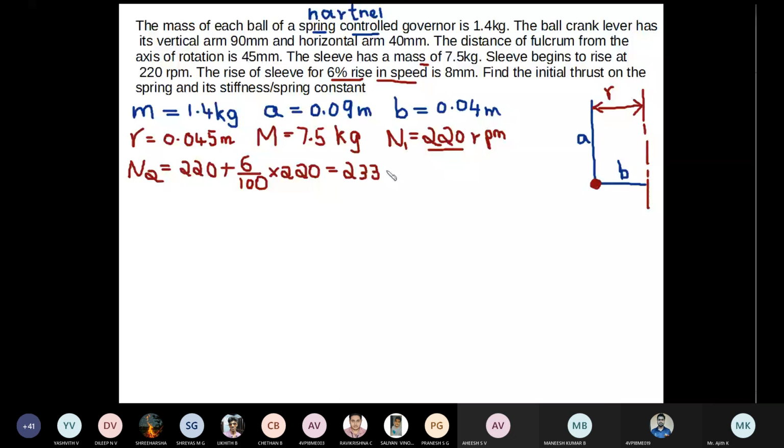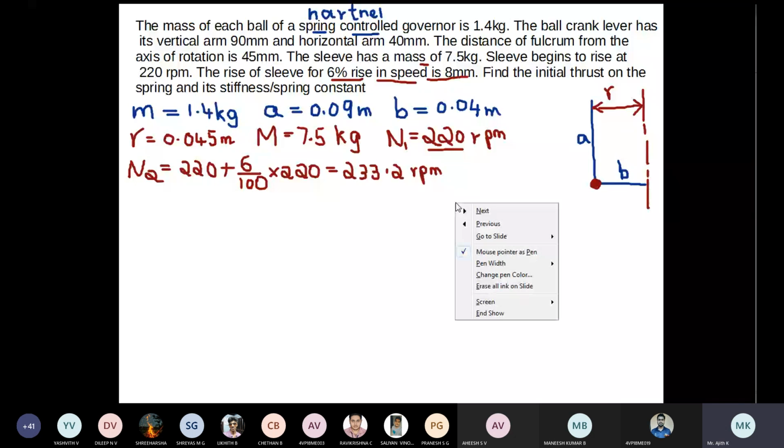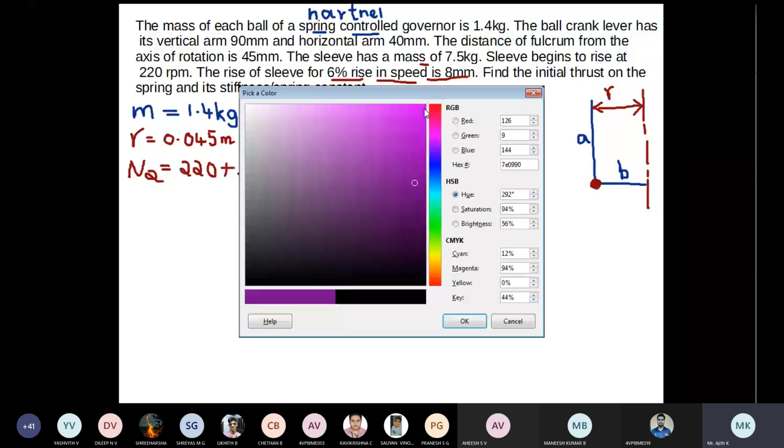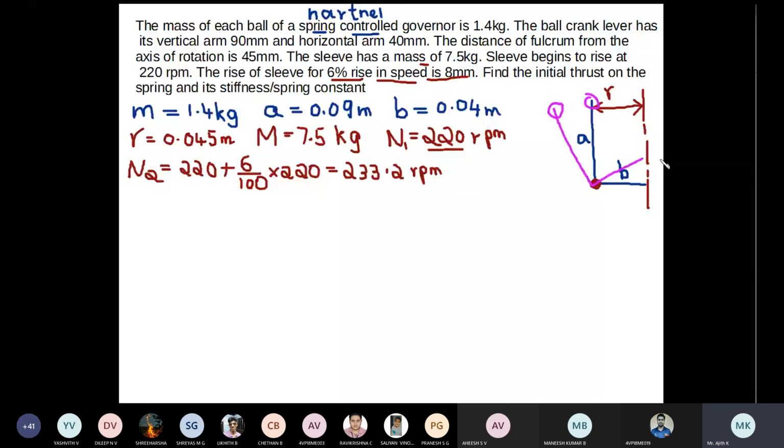Last, one thing: rise of sleeve is 8 mm. So what do you mean by rise of sleeve? In this problem, if you consider the ball, here the sleeve will be present.